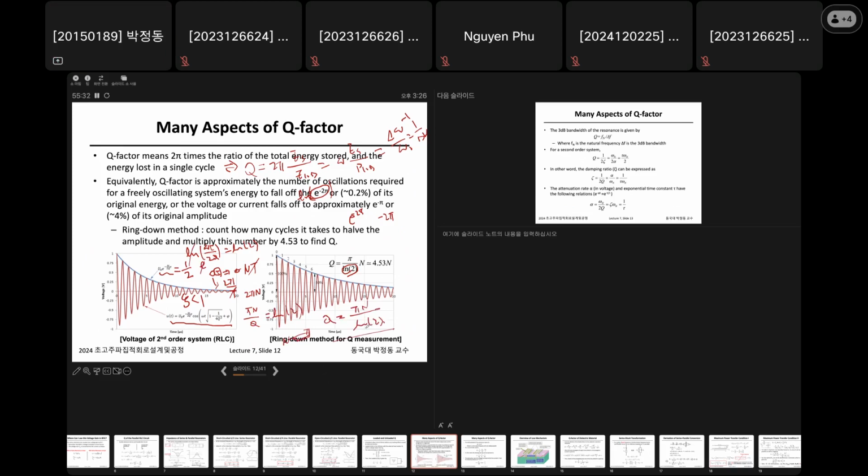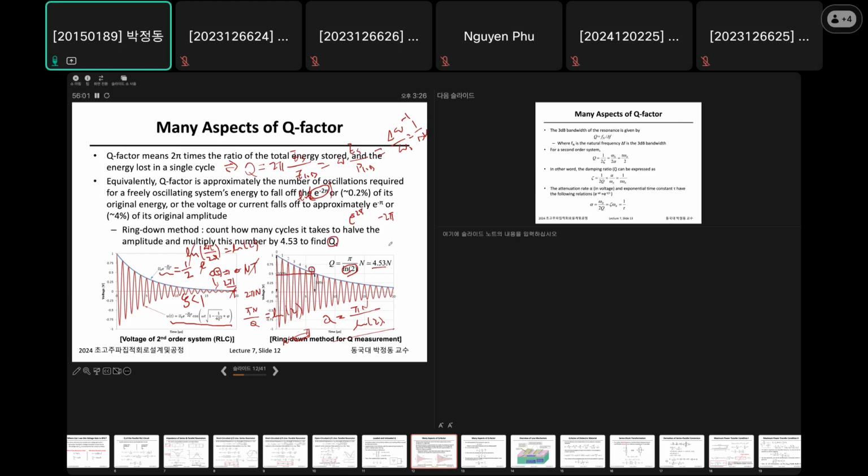If you calculate pi divided by ln 2, it is 4.53. Therefore, you can count the number and multiply it by 4.53, then you get the approximate Q. For this example, up until half, you have 6 oscillations, 6 cycles.